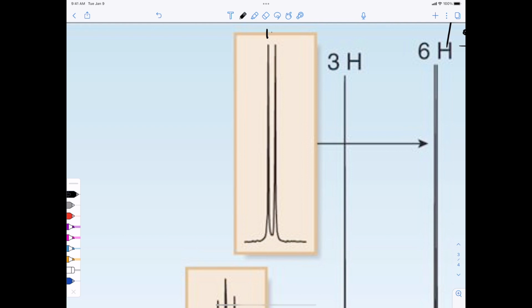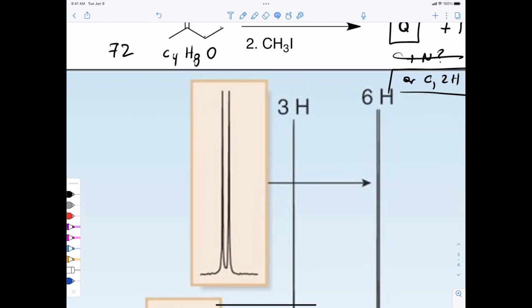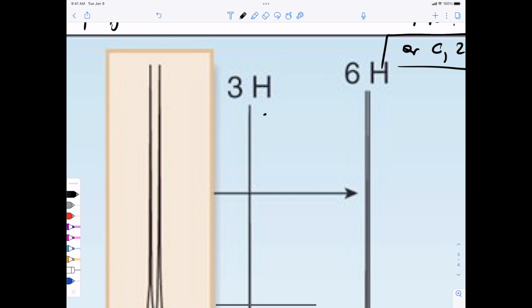Okay, it is a singlet. Yes, this is a methyl group. It is a singlet. That tells you whatever it's bonded to has no protons.